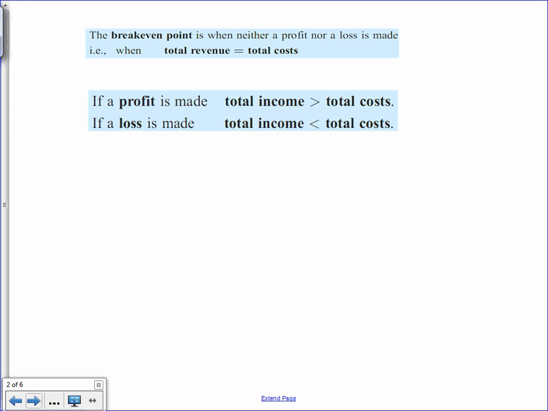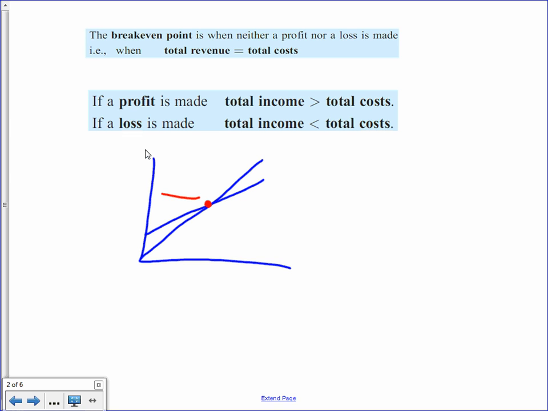So, a break-even point. What we're going to be doing is looking at a graph, and we might have our fixed costs and our variable costs. And what we're looking at is this point here. That's our break-even point. If we sell anything less, it's a loss.